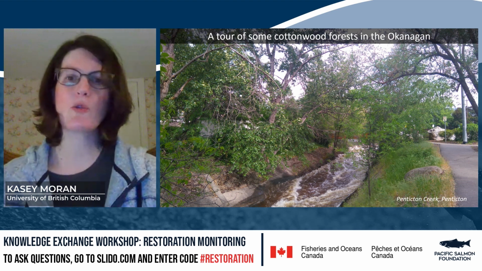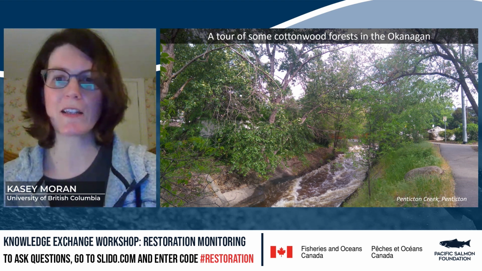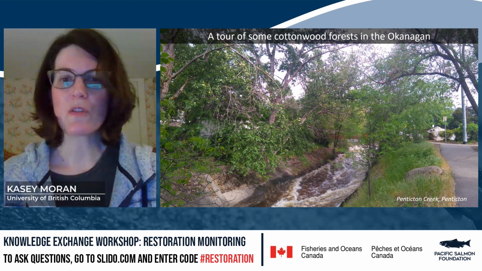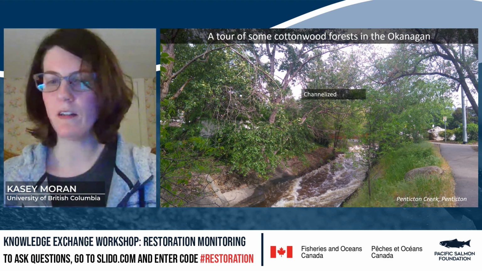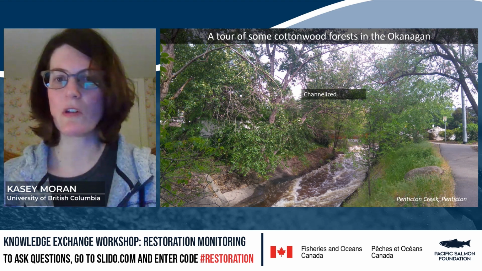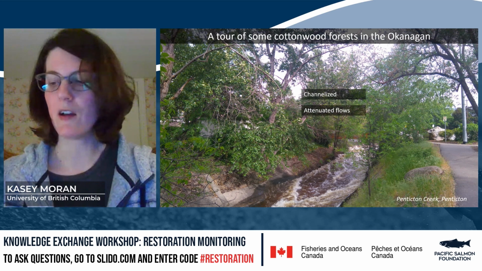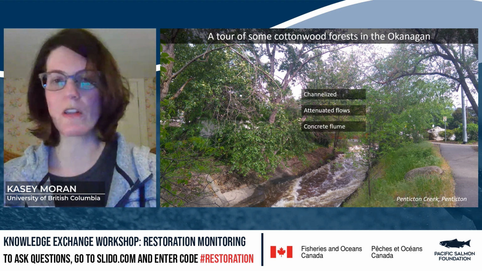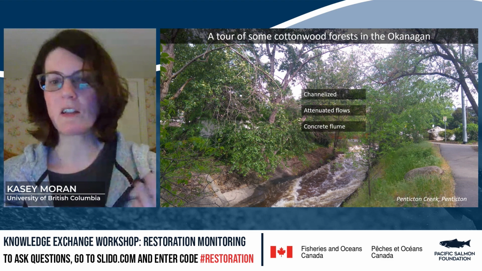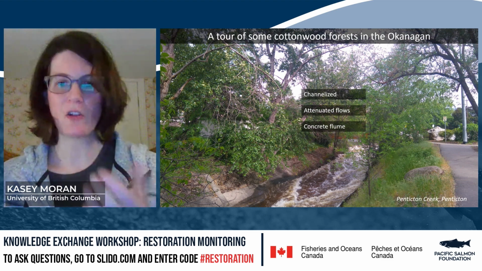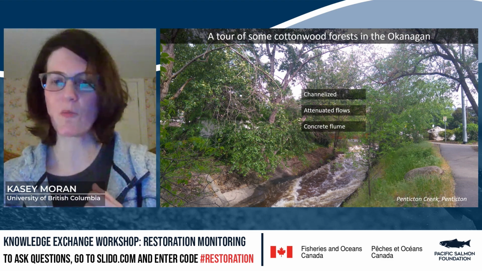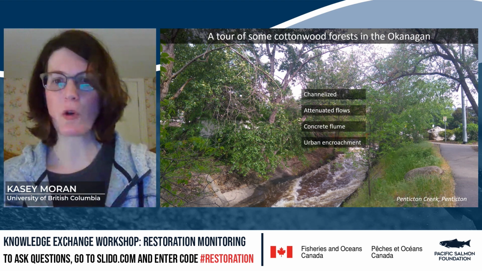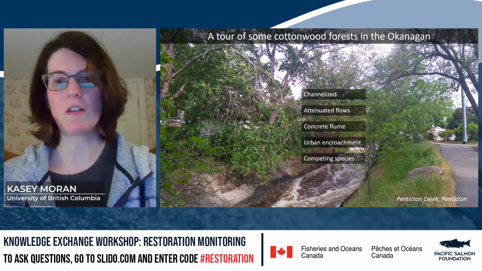I'm going to take you on a quick tour of some of the cottonwood habitats in the Okanagan, where I'm from. So this is Penticton Creek in Penticton. This stream was channelized. It has attenuated flows due to a reservoir in the headwaters. It's basically a concrete flume in a lot of places, although it has been restored along some reaches, and there's a plan going forward for it. Urban encroachment is quite extreme into the riparian zone.